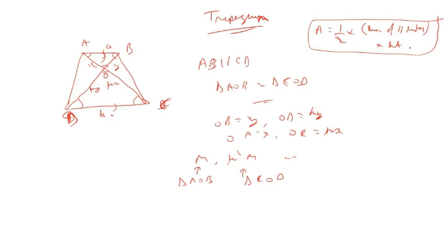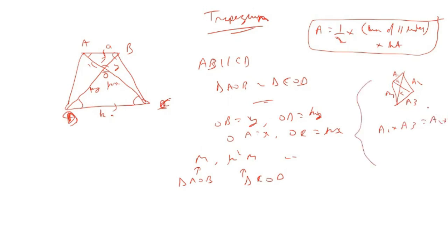Now you need to know one thing: in any quadrilateral of the world, you draw any quadrilateral and you draw the diagonals, the product of the opposite segments' areas are always equal. So for example, if this is A1, this is A2, this is A3, this is A4, this area into this area will be equal to this area into this area, always. A1 into A3 will be equal to A2 into A4.